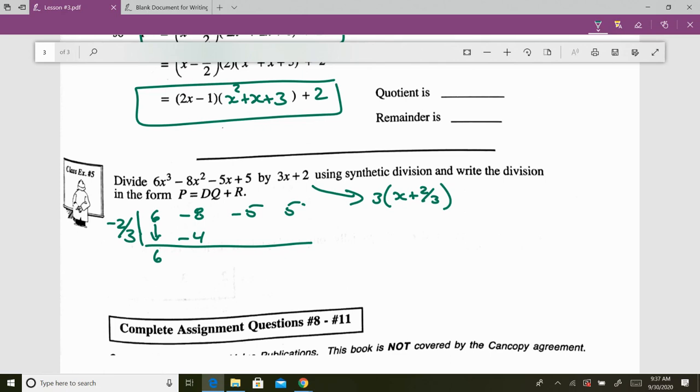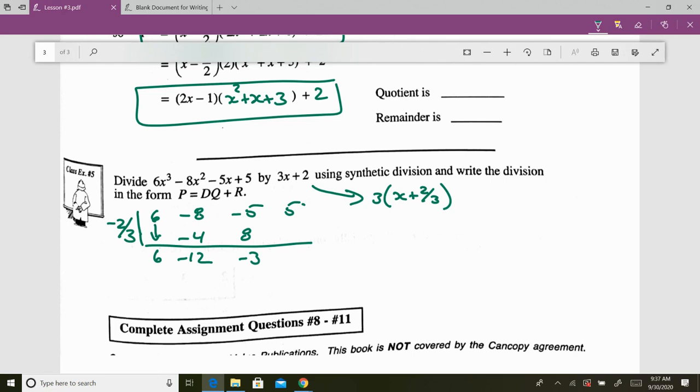Then you add. Negative 8, negative 4 is negative 12. Negative 12 times negative 2/3. Negative 12 times negative 2 is 24. 24 over 3 is 8. Add them together. Get negative 3.